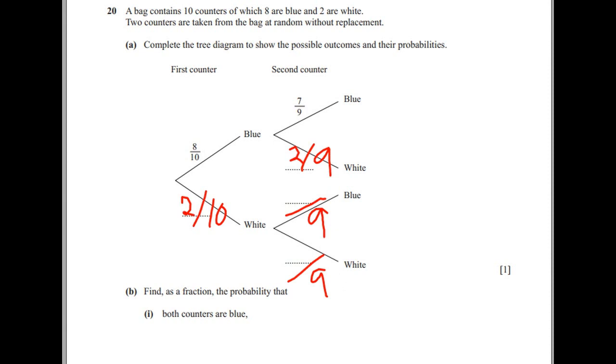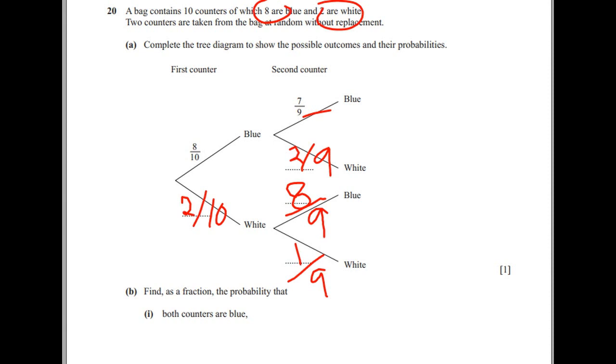So here the denominator will be 9 and 9, because the denominators will stay the same in a single column. We have 2 white balls and 8 blue balls. So here we've taken away 1 white ball, so we still have 8 blue balls and we have 1 white ball. So this is the tree diagram.